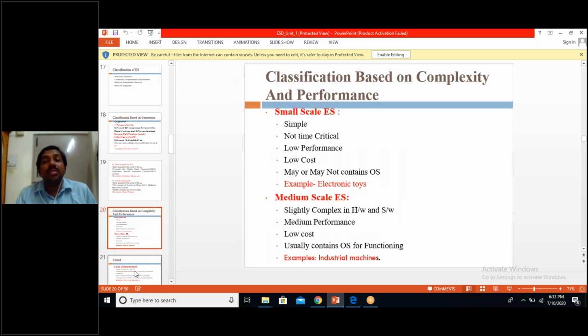The next classification is based upon computing and performance. The first is the small scale embedded system. Small scale embedded systems have hardware and software, and may or may not have an OS. They look very simple. They are not time critical, so the response does not need to be critical.